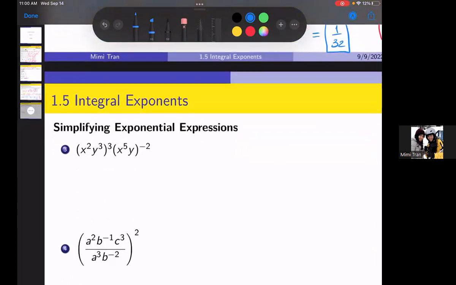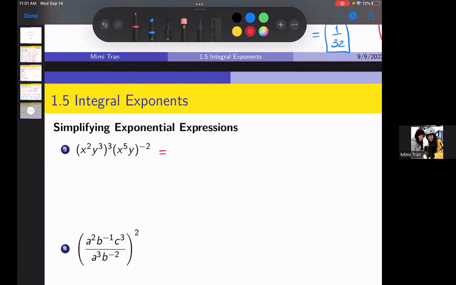Again, I keep saying that there's no one way of doing these. Eventually, you get the same answer if you do it correctly. But I'm going to show you the way that I think is best for you, because I thought it was best for me. But if you have a different way, go for it, as long as it's correct. So in this one I have 2 pairs of parentheses.